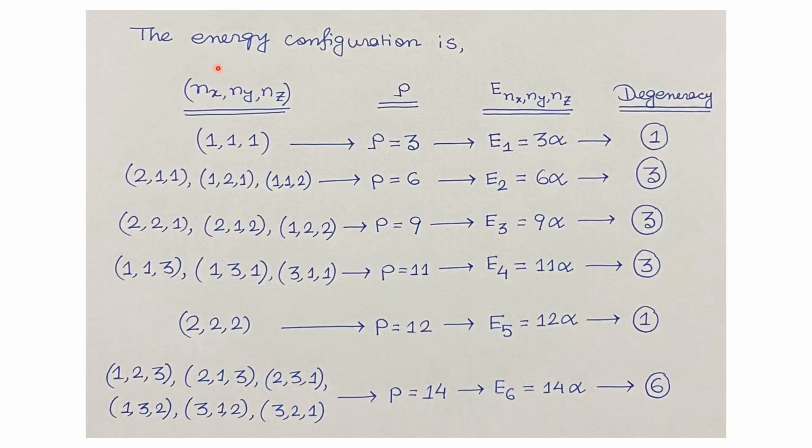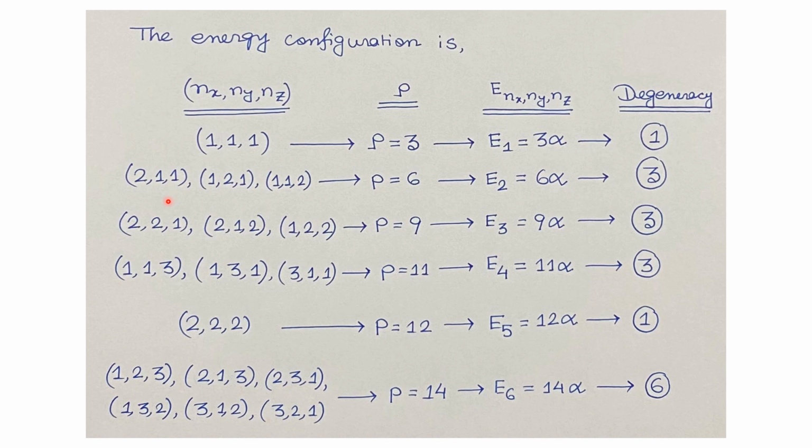Now, let us see the possible energy configurations for the quantum numbers nx, ny, nz and their corresponding energies and degeneracy. For the ground state, nx, ny and nz all will be 1. So for the set 1, 1, 1, the p value is 3. Here p is nx square plus ny square plus nz square. The corresponding energy in the ground state is E1 equals 3 alpha. Only one possible set is there, so degeneracy will be 1.